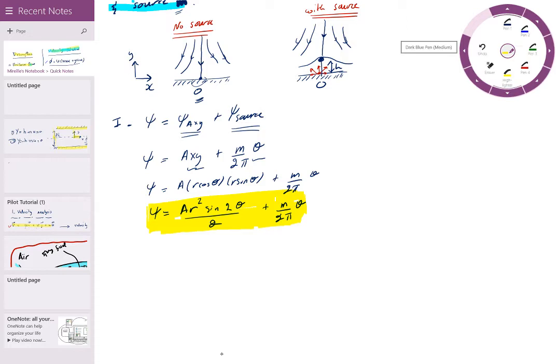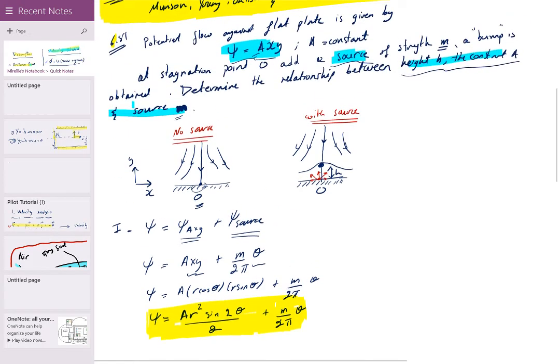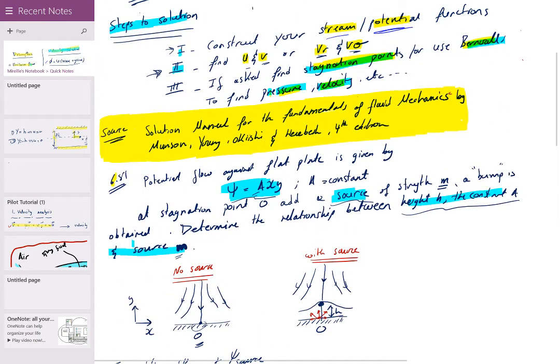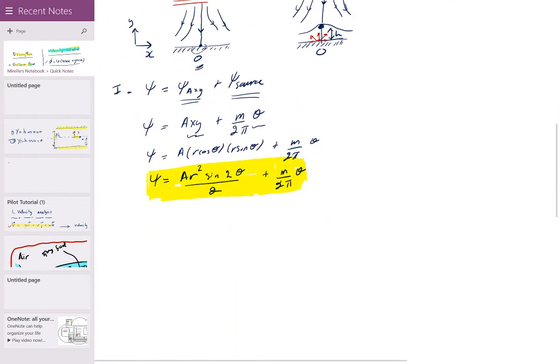Step number 2, according to our sequence, is to find u and v, or vr and v theta. Because we're working in r and theta, we're going to find vr and v theta. Vr is given by 1 over r, d psi by d theta.